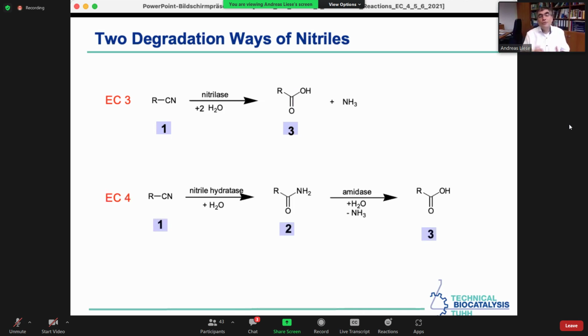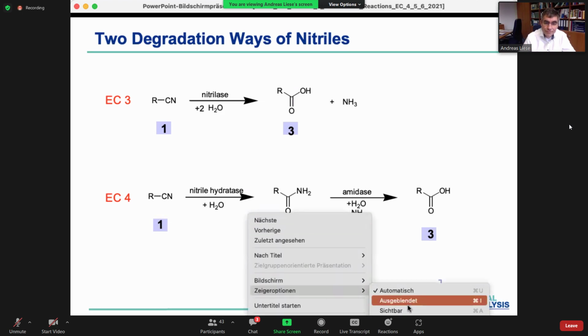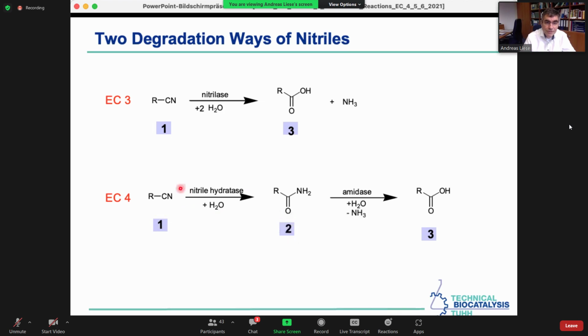What you see in here in the degradation pathways of the nitrile, so the enzyme class 4 is a nitrile hydratase. The nitrile hydratase. So we have the nitrile, we're just adding 1 water, and since we're adding 1 water, we're ending up with the amide function, what you see here. Up here with the hydrolase, we have the acid.